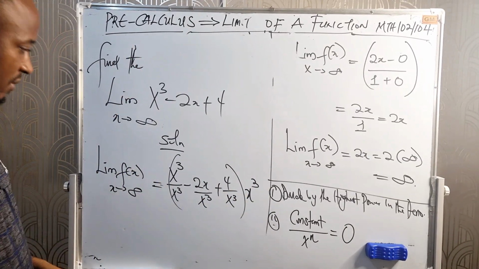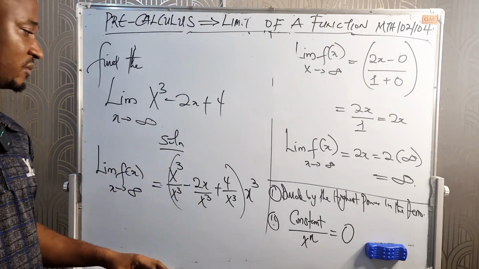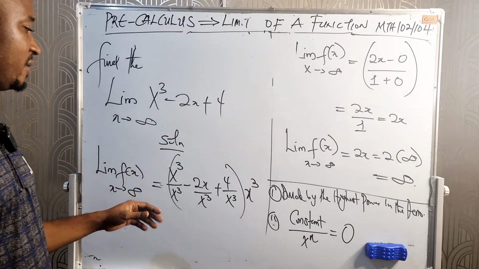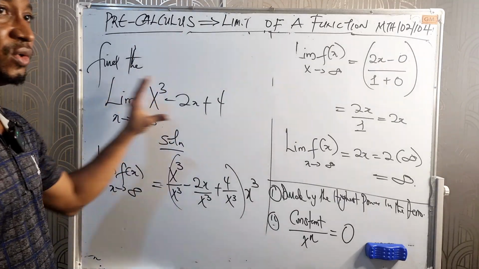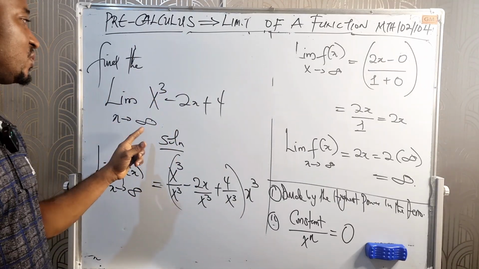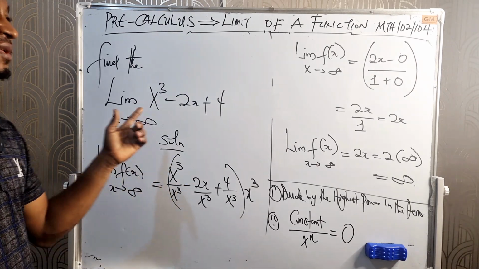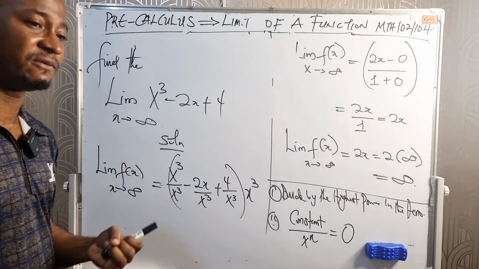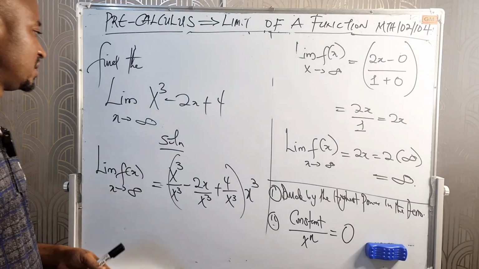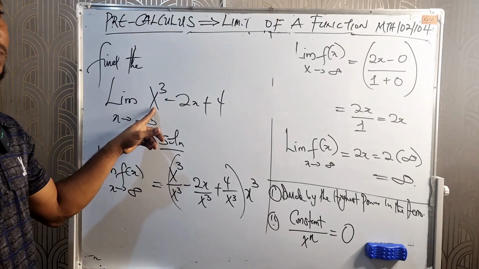The reason is that this is not a rational function, where after dividing by the highest power we substitute. This is just a polynomial, and we are told that x is approaching infinity. Whenever x is approaching infinity for all polynomials, do you get the concept? I mean all linear functions, quadratic and cubic, the value of x you consider is the highest power of x, which is this.